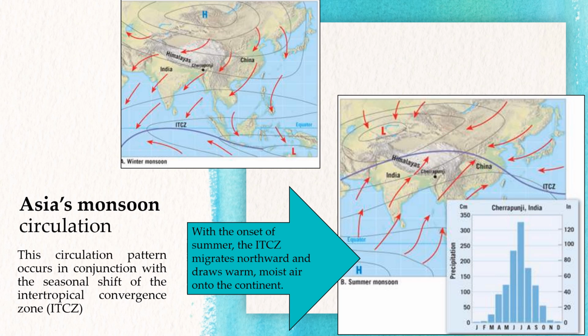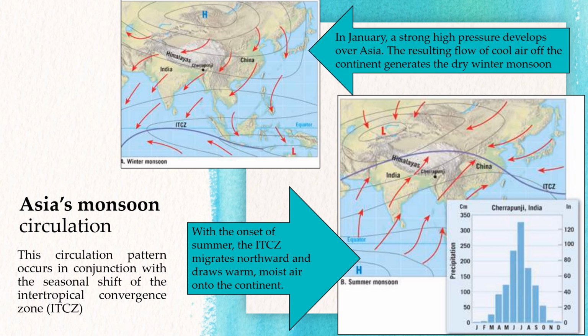This happens in January, when a strong high pressure develops over this region in Asia. This results in the flow of cool air off the continent that generates the dry winter monsoon. And that is for the Asian monsoon circulation.